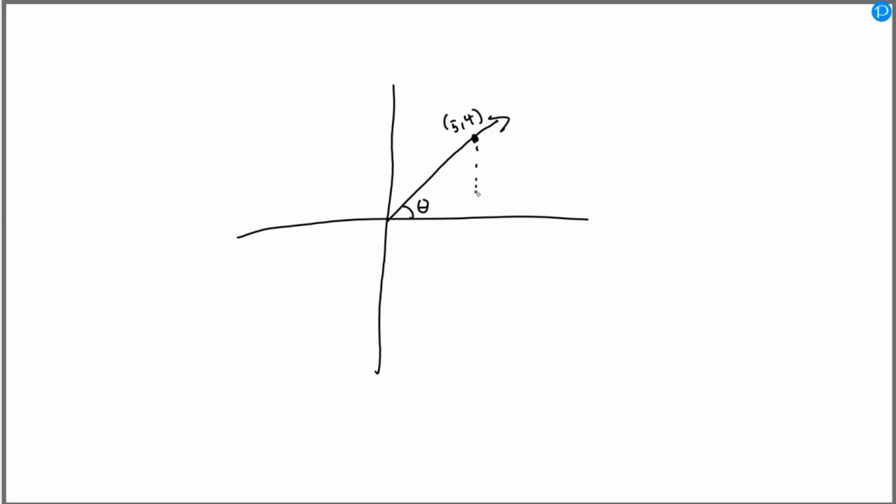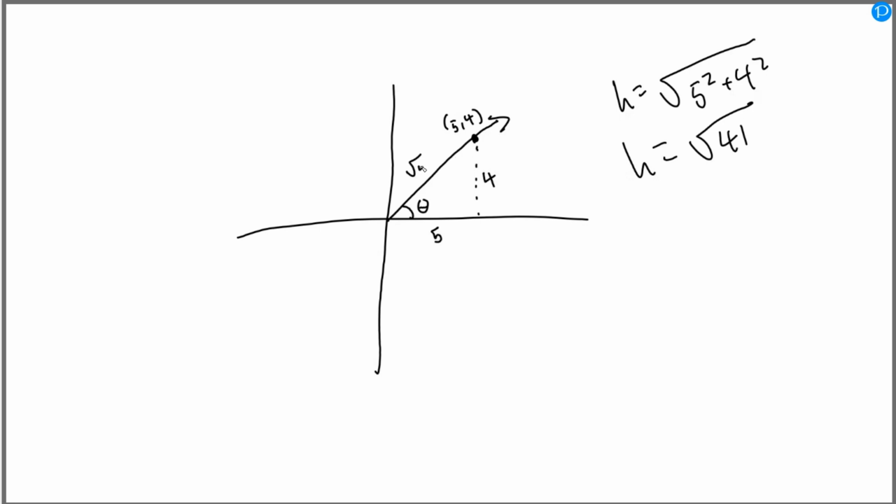So therefore, we know that this length is 5 units, and this length is 4 units. And to calculate the hypotenuse length, we can just use Pythagorean theorem. So hypotenuse is equal to the root of 5 squared plus 4 squared. Hypotenuse is equal to root of 41.